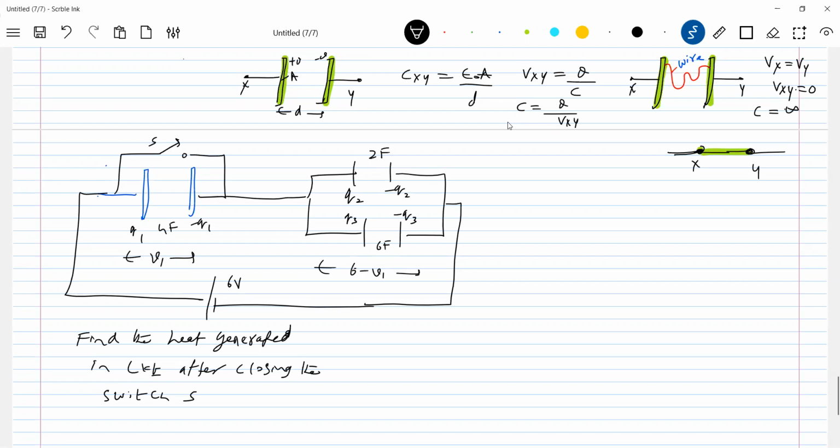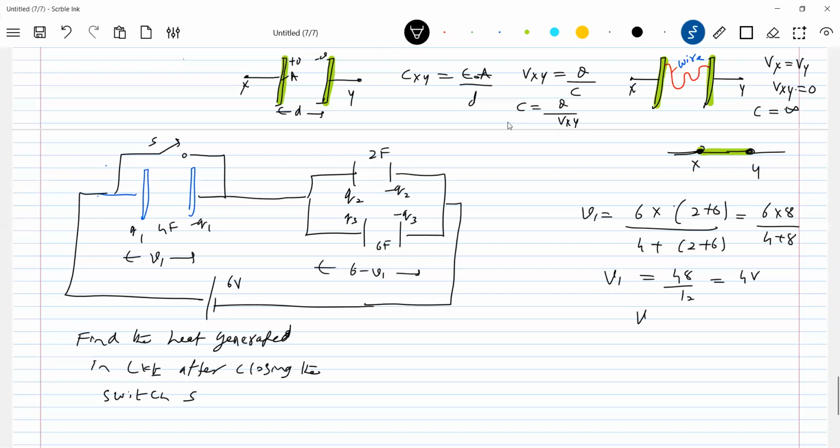So 6 farad and 2 farad, this will become 8 farad effective. So V1 is equal to 6 volt into 8, 2 plus 6, I'll write it for convenience, divided by 4 plus 2 plus 6. So this will be 6 into 8, 4 plus 8, 48 by 12, 4 volt.